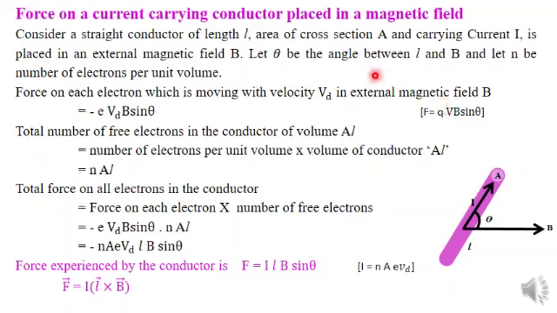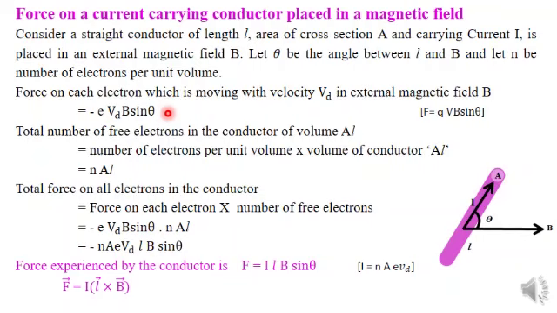V is replaced by drift velocity, since electrons are flowing due to the electric field, and Q is replaced by minus e since electrons are flowing in current. So the force on each electron which is moving with velocity Vd in the external magnetic field is minus e Vd B sin theta.